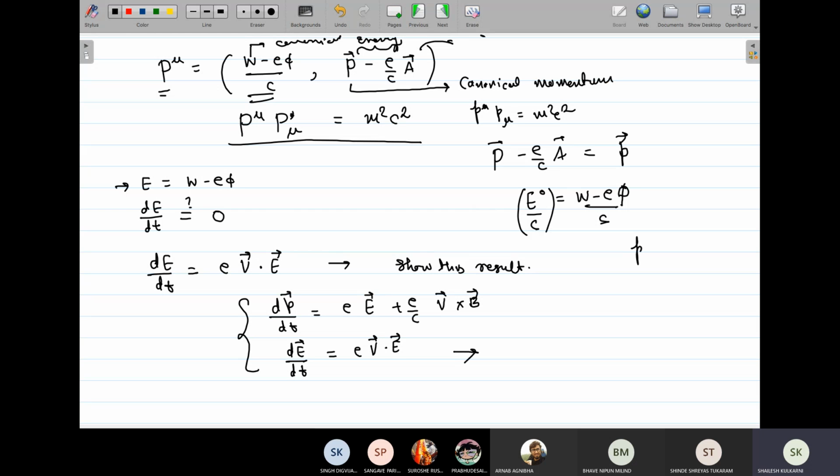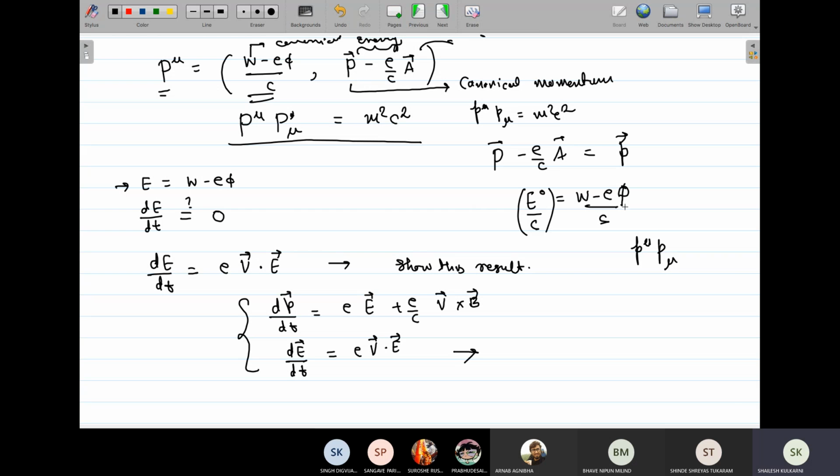Now if I define P mu, you just compare this with the free particle P mu. Same, right? Yes, sir. So I'm not doing anything new. I'm just comparing with a free particle. So here also I have the natural invariance, which is P mu P mu equal to m square c square, where P0 is this, and the vector P is this.